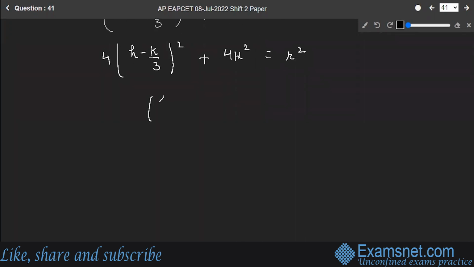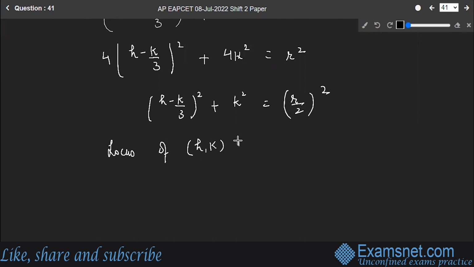This will give me (h - k/3) squared plus k squared is equal to (R/2) squared. Therefore, the locus of (h, k) is given by (x - y/3) squared plus y squared is equal to R squared by 4.